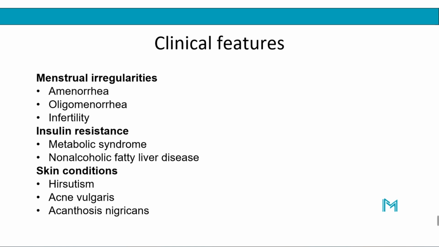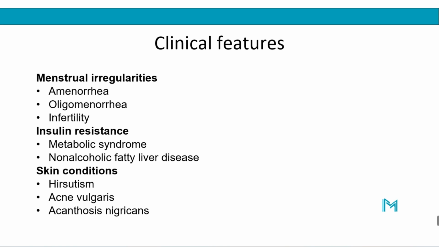Or it could come after they've had their first few years of menses, which sometimes might actually be irregular, and then subsequently become amenorrheic. Then you have oligomenorrhea, as you've seen in this case, scanty menses or irregular monthly flow. Then you have issues of fertility. Either they are completely infertile or they have difficulty with fertility.